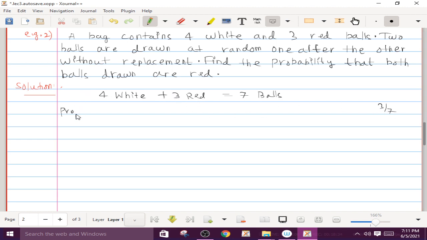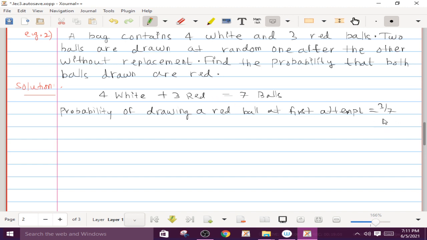So the probability of drawing a red ball at first attempt is equals to 3 upon 7.